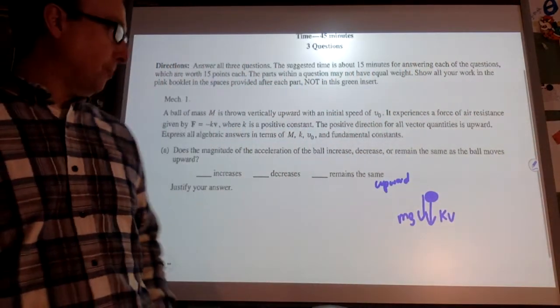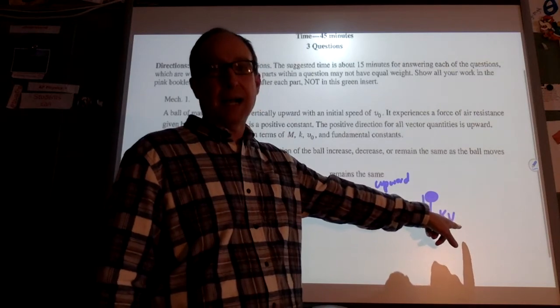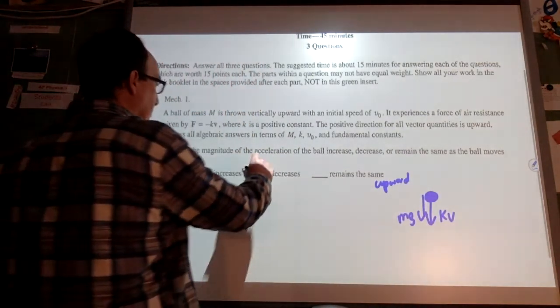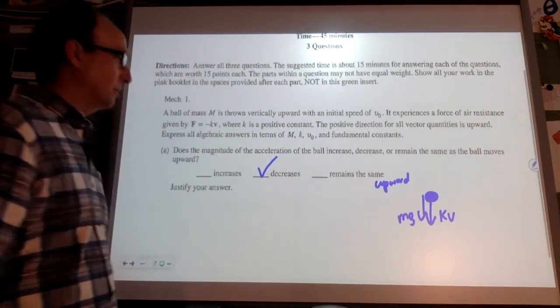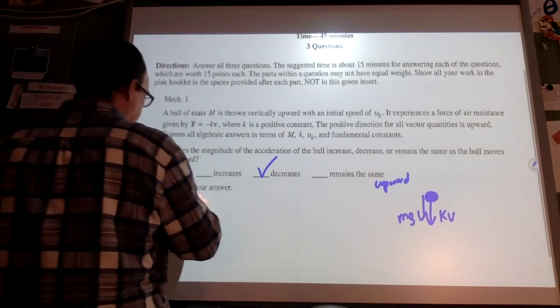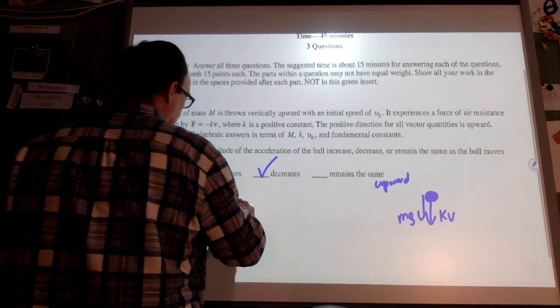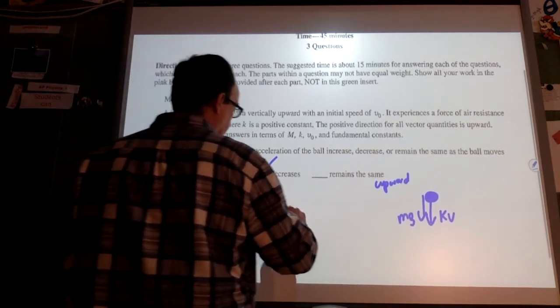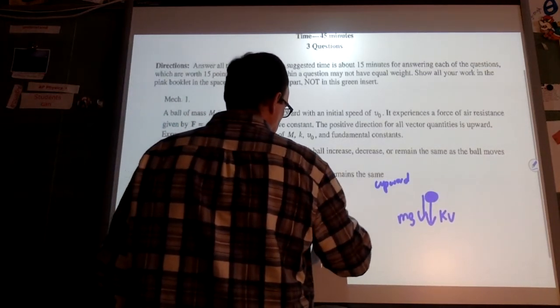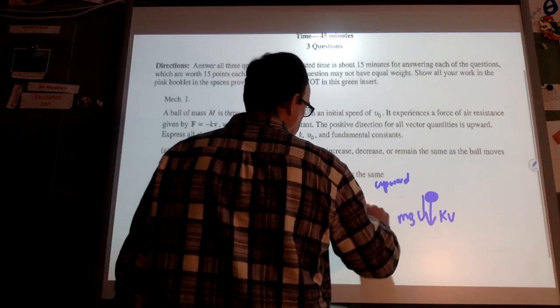And since our acceleration is related to this velocity, our acceleration will decrease. So the acceleration is proportional to the speed.